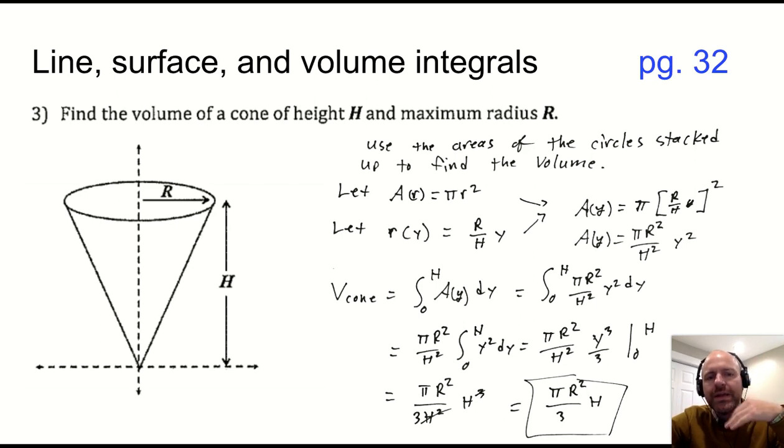When you get to h, you should get R; at y equals 0, you should have 0 for the radius. So we integrate this area, pi capital R squared over capital H squared times y squared, with respect to y from the bottom, 0, to the top, h, and we end up with pi R squared h over 3, which is the volume of a cone.